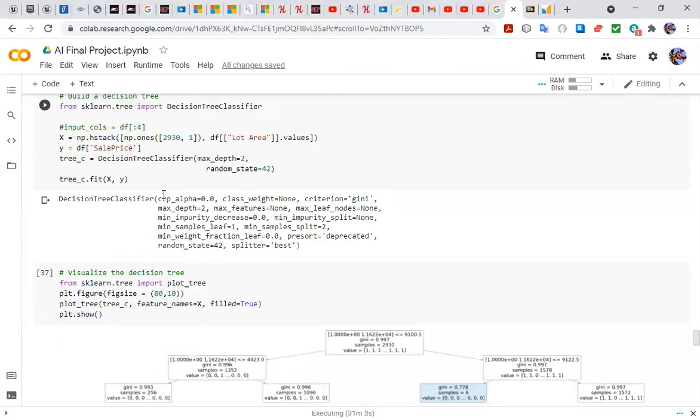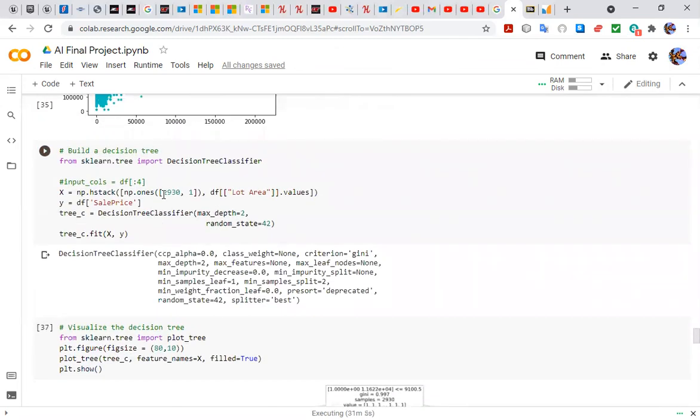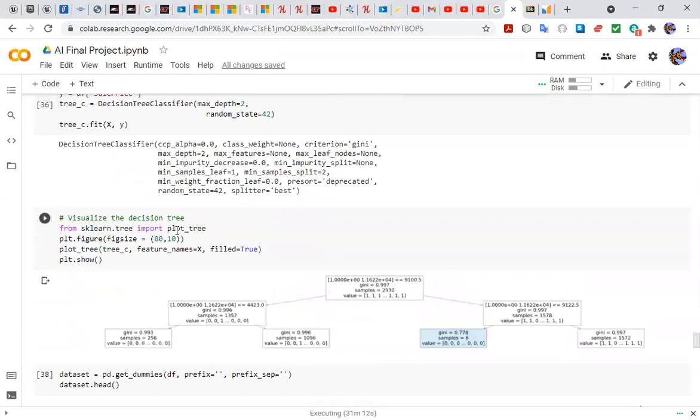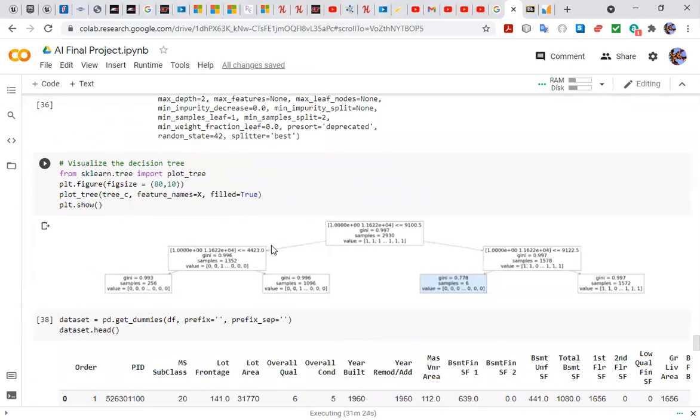Going down further below, I use the decision tree again, but as a decision tree classifier, to use the lot area and the sale price. Here we use a depth of 3. Well, max depth is 2. I miscounted.